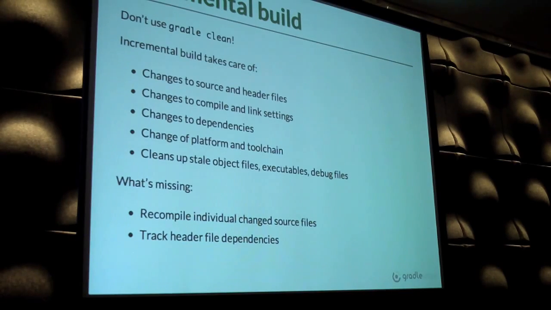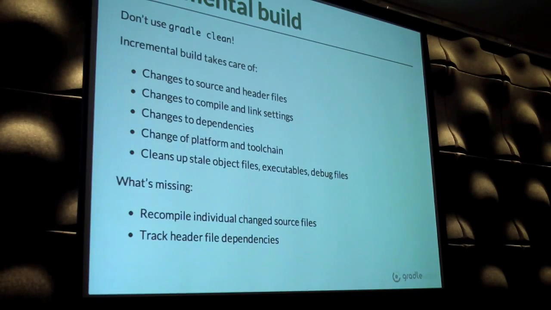So there's a couple of things missing with that. At the moment it does what we call incremental build, which is, for a given binary, if any source file is changed or any header file is changed, we recompile everything for that binary. So we don't yet deal with changes to individual source files. If a single source file is changed, we don't need to recompile all those source files.